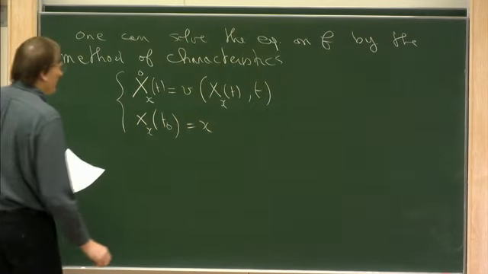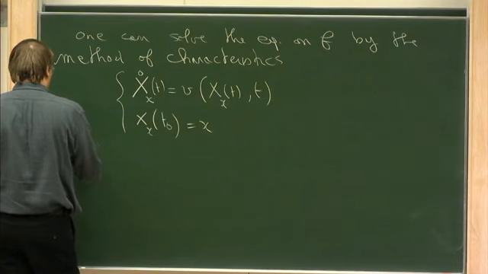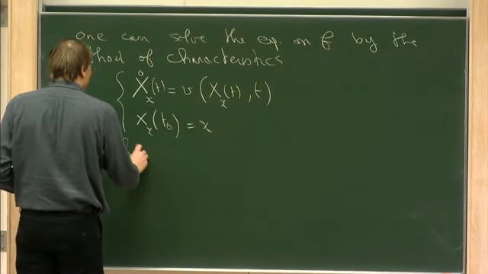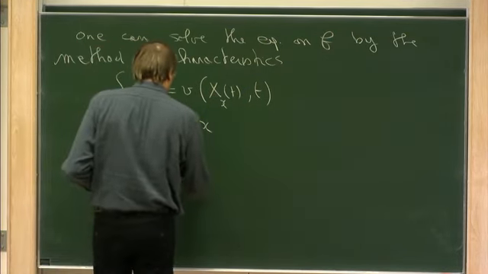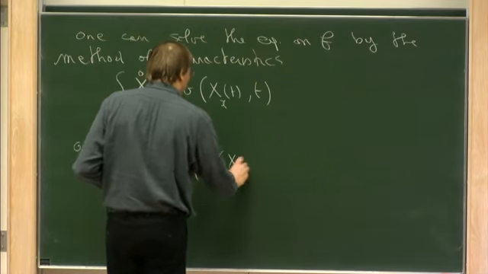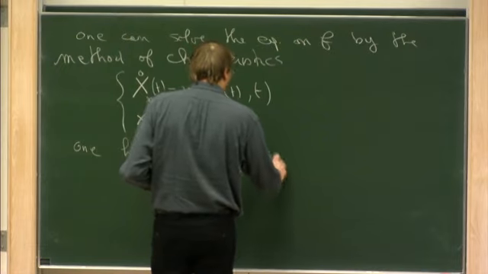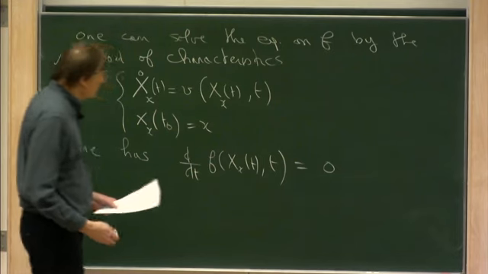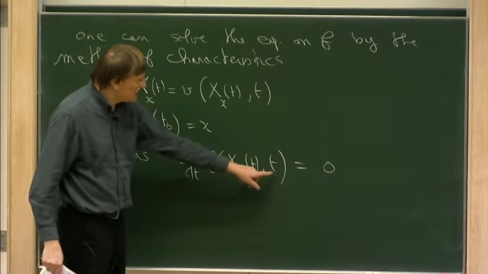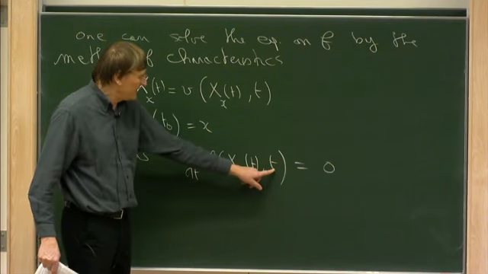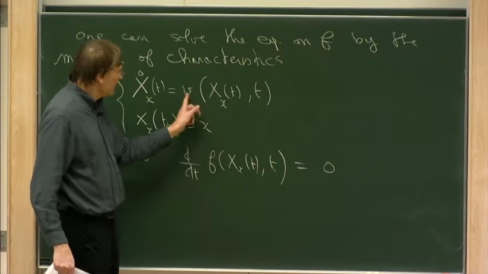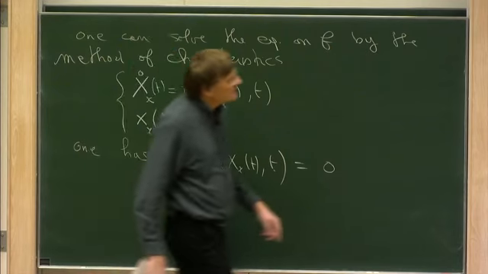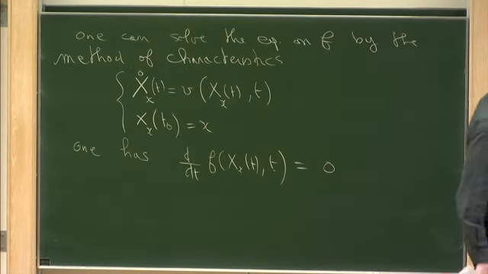And what you check quite easily is that one has d over dt of f of x, x of t and t equal 0. Because when you use a chain rule, what you get here is the partial derivative in time plus x dot, which is v, partial derivative in x, which is exactly the equation up there, which is 0.